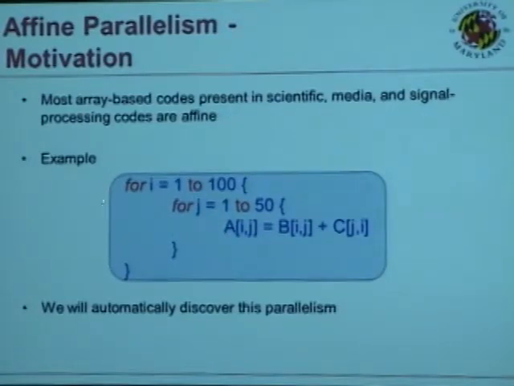So you've got i and j, induction variables, and you've got array indices that are linear combinations of i and j. So if you've got ai plus bj plus c, that's a prototypical linear function, where a, b, and c are constants. If it turns out all your array indices are linear, then this program is called affine.